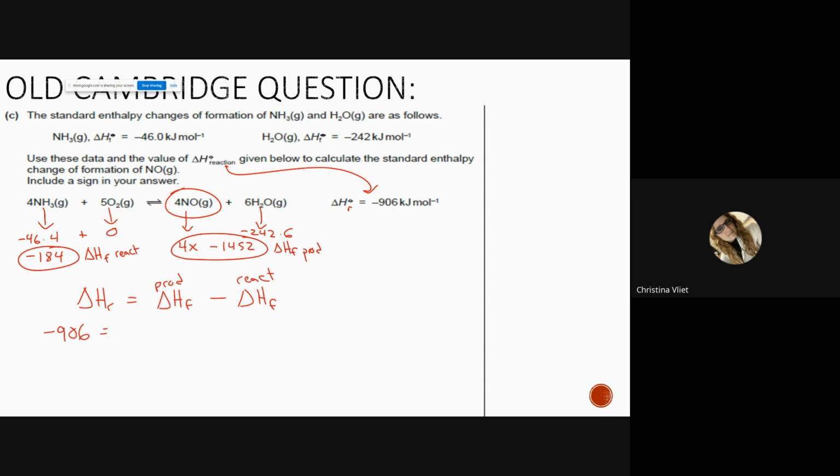For the products, I have to plug in 4x minus 1452, and then subtract what's here, which is negative 184. So the goal now is to solve for x. Solve for F.